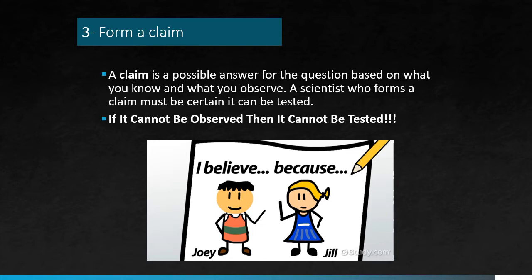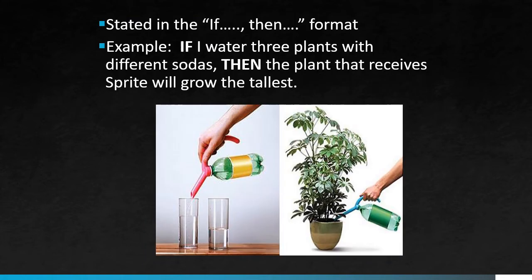If the claim can be observed, then it can be tested. The claim is stated in the if-then format. For example, if I water 3 plants with different sodas, then the plant that receives Sprite will grow the tallest.